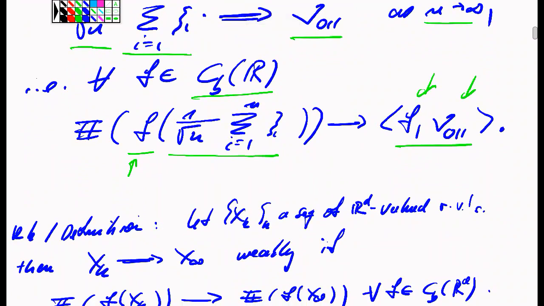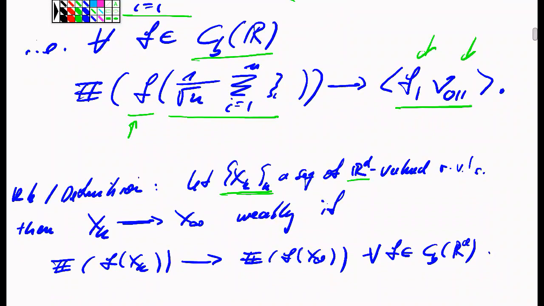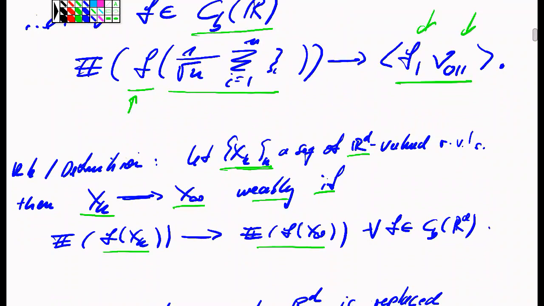This is a special case or another instance of the following concept in probability theory. If you have a sequence of, say, Euclidean random variables, so random variables assuming values in the Euclidean space, then you say that the sequence of these random variables converges to a random variable x infinity weakly if the corresponding expected values converge, where the expected values are taken by means of composition with a continuous bounded function.